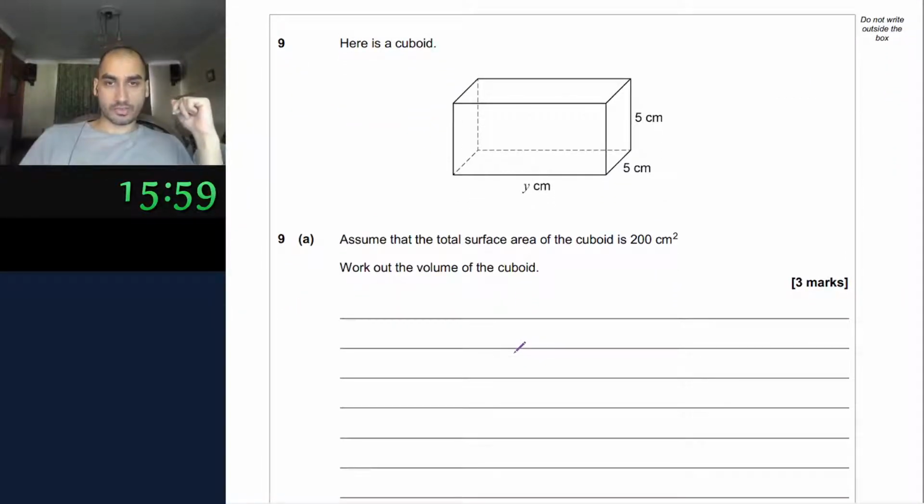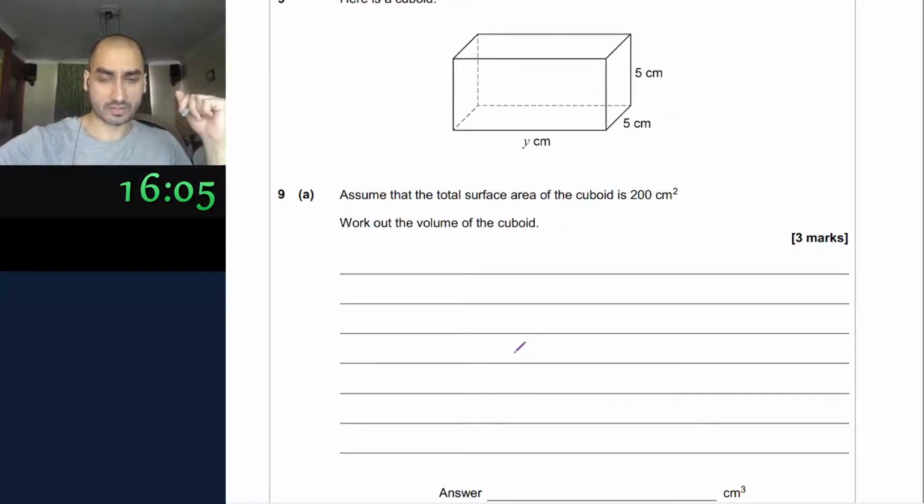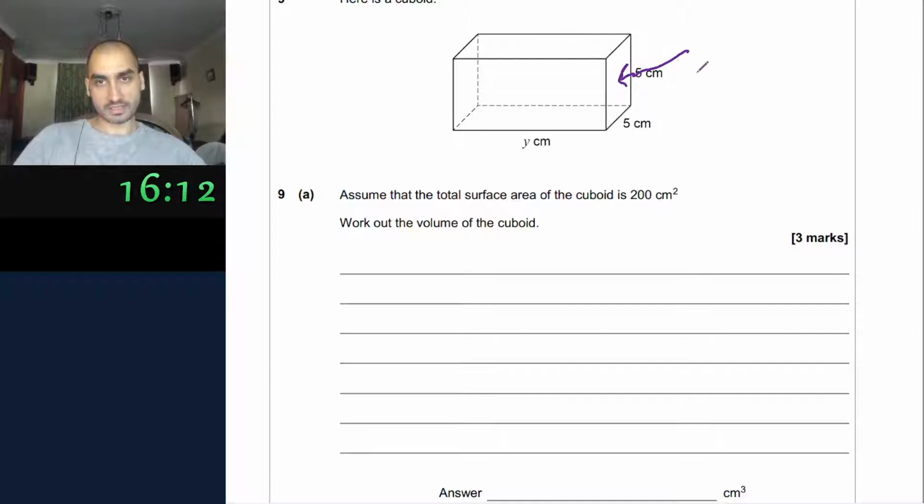Here is a cuboid. Assume the total surface area of the cuboid is 200 centimeters squared. Work out the volume of the cuboid. So, okay, this side is 25 centimeters squared. This one is 5y, and so is this one.